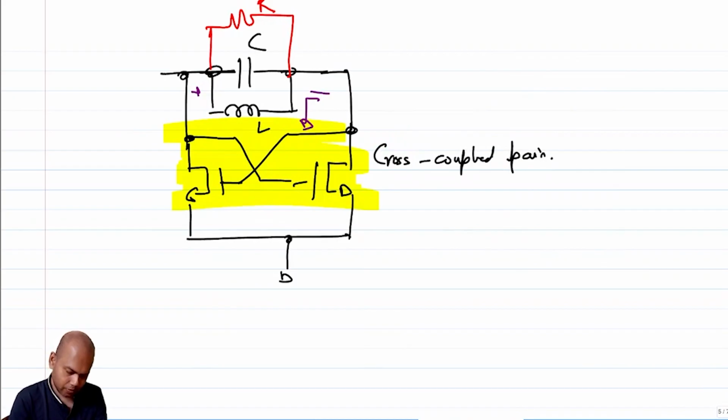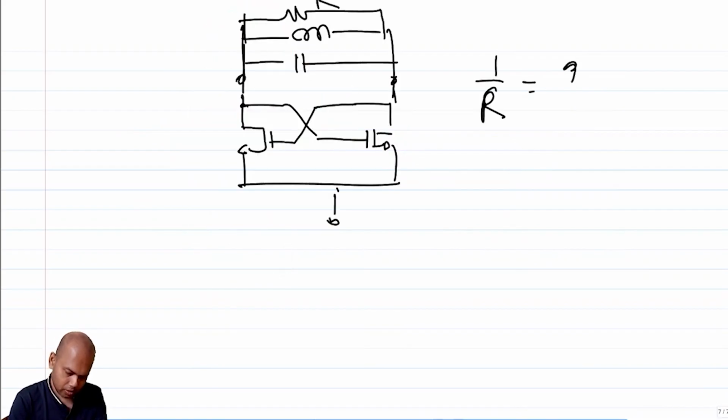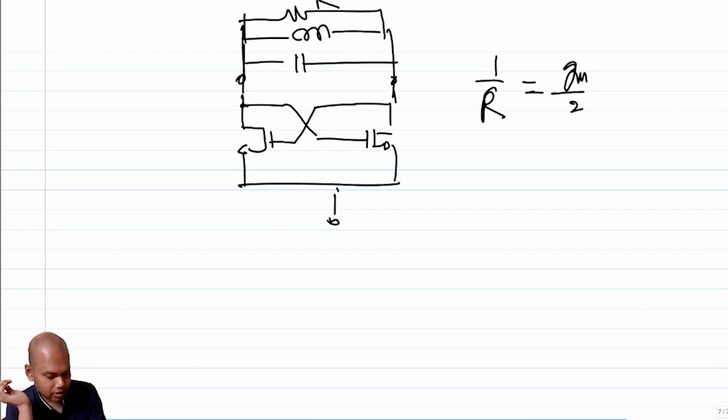Gm by 2, right? So if we ensure that, then we'll ensure that the entire resistance gets cancelled off and we'll have sustained oscillation, right? So now the question is, how do I give a bias to this?